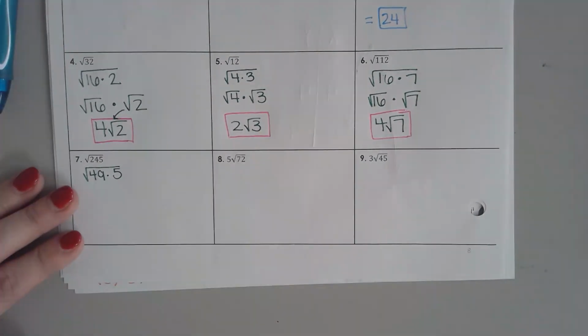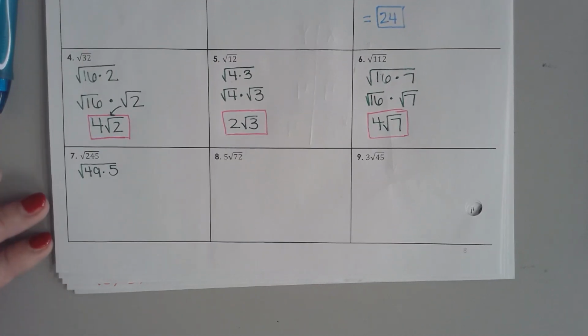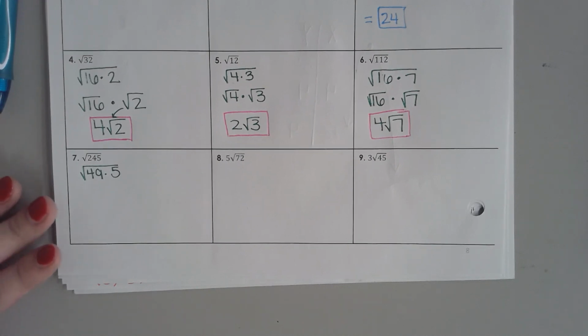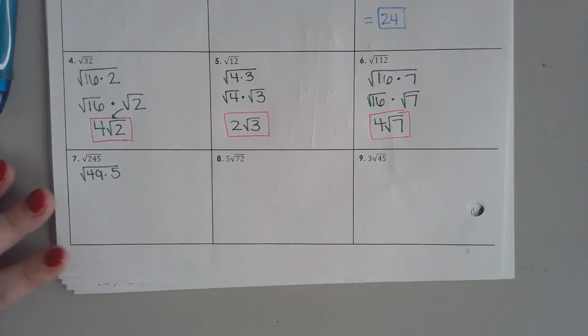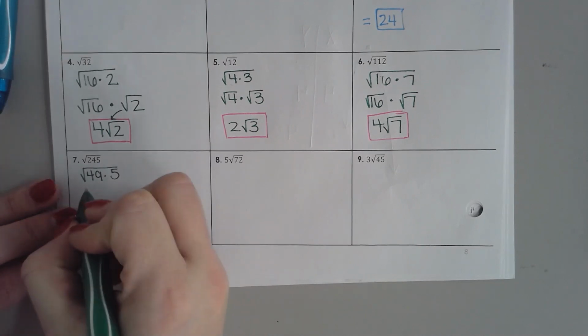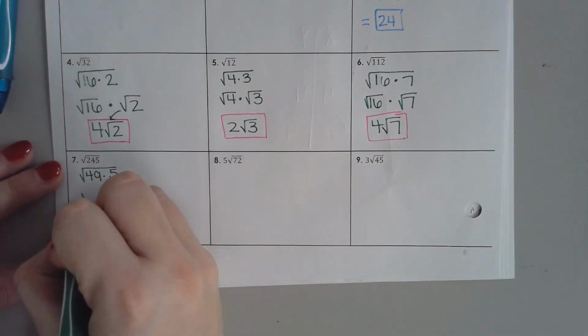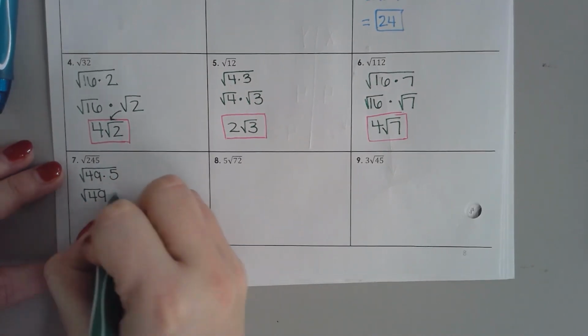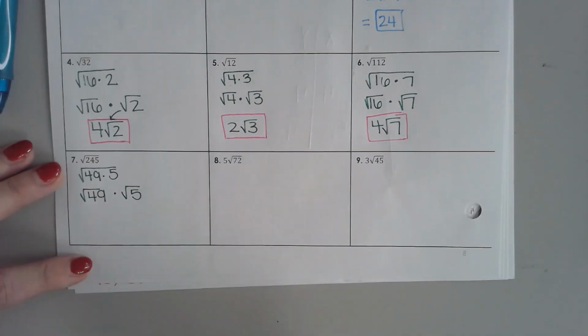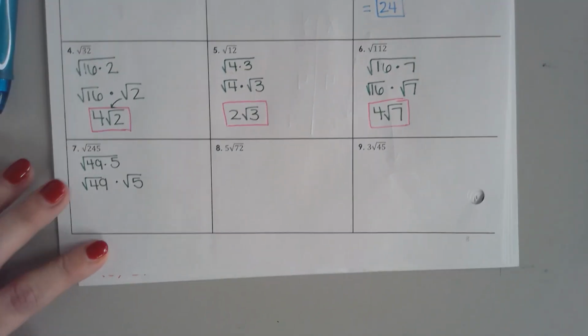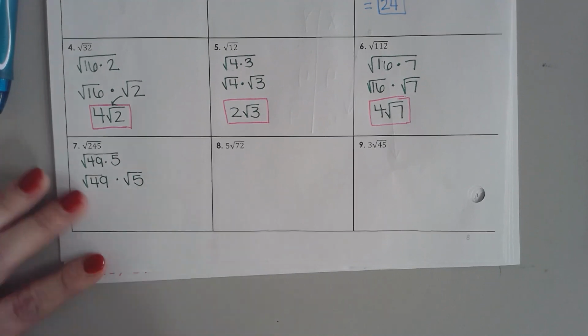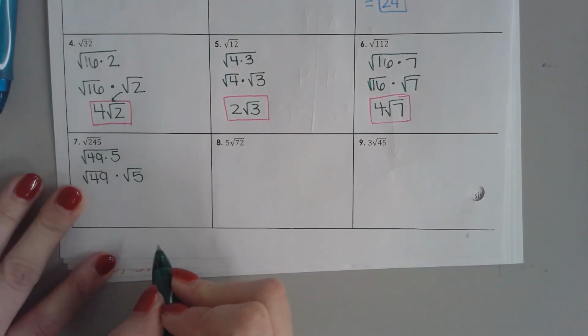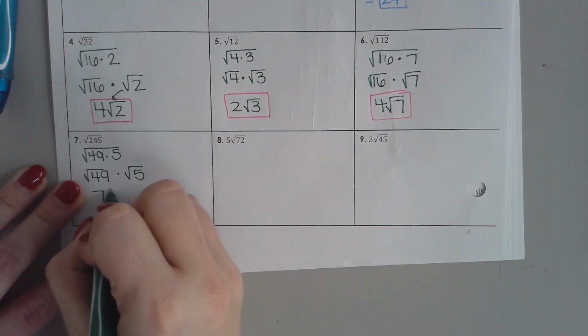So you should have done 245 divided by 144, 245 divided by 121, 245 divided by 100, and worked your way back until you got a whole number. So this is the square root of 49 times the square root of 5. What is the square root of 49? 7 square root of 5.